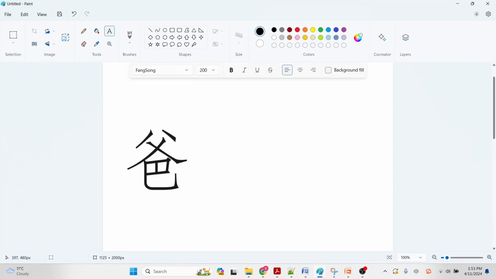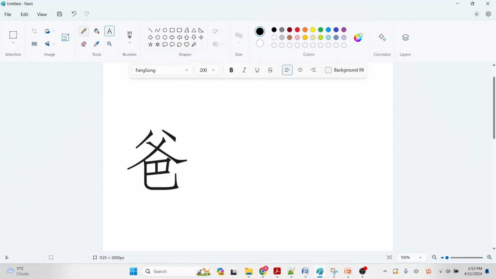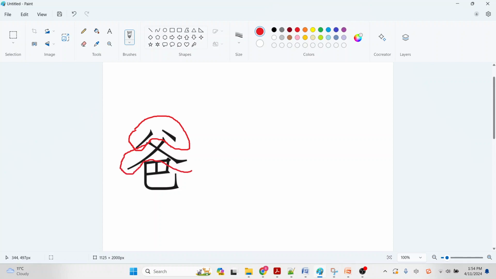The strokes here are dots, diagonals, horizontals, verticals, and a hook.